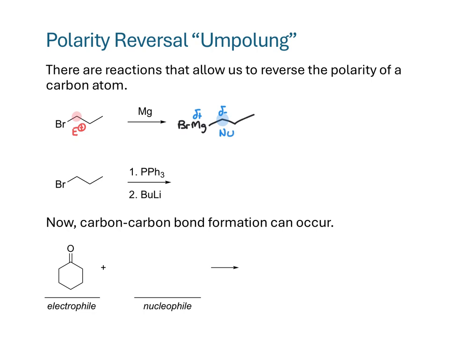Another way to reverse the polarity of a carbon is by forming a Wittig reagent. So again, same organobromide here. Right now, this carbon is electrophilic.